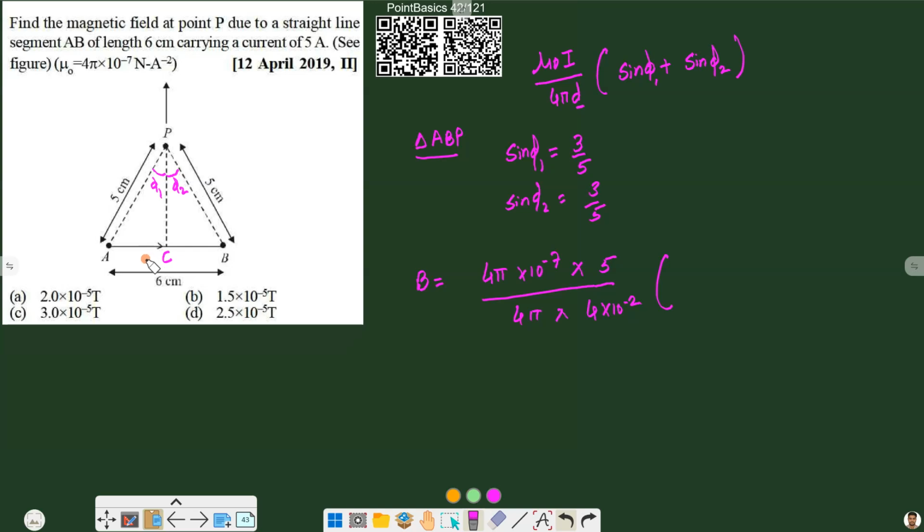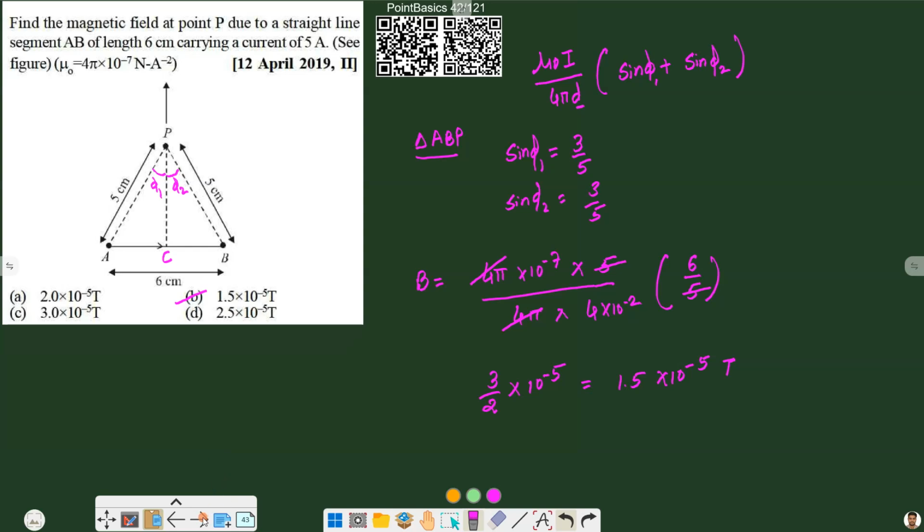Sine phi 1 is 3 by 5 plus sine phi 2, 3 by 5, so in total 6 by 5. So 4 pi gets cancelled, this 5 gets cancelled, and from these two we have 3 by 2 into 10 raised to power minus 5. That is 1.5 into 10 raised to power minus 5 Tesla. Option B will be the right answer.